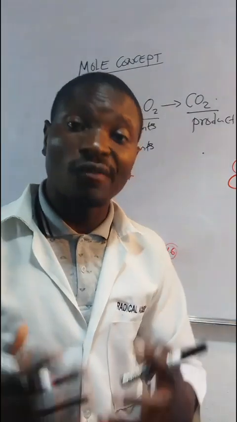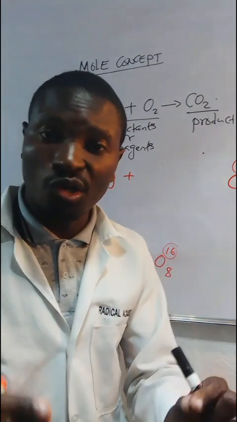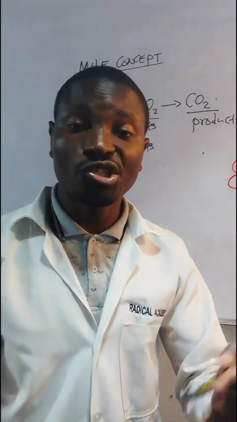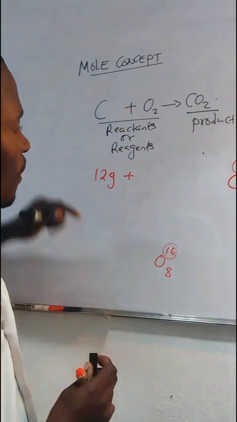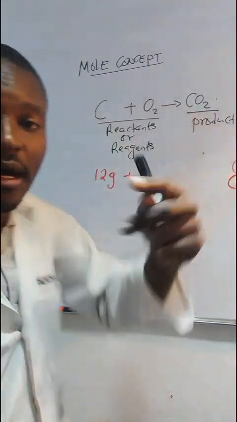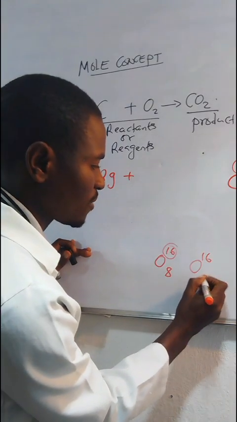Whenever you're dealing with the mole concept, we always use the numbers on top of that element when you check the periodic table. So what this means is that I have 2 atoms of oxygen. So I'm going to have something like this.